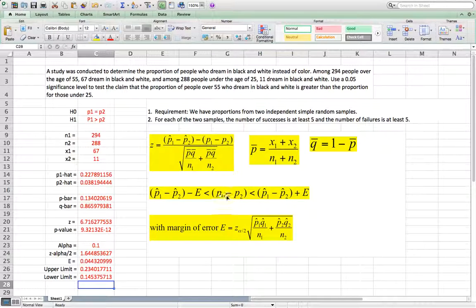More likely P1 is greater than P2, because P1 minus P2 is located in this confidence interval. Since it is all positive, we have confidence to say that P1 minus P2 is greater than 0, which supports the claim that the proportion of people over 55 who dream in black and white is greater than the proportion for those under 25.